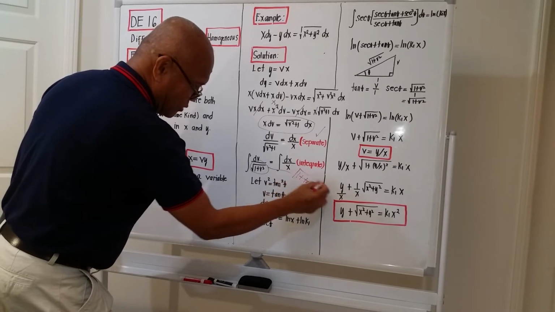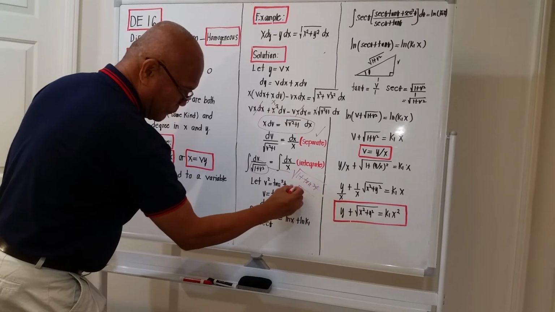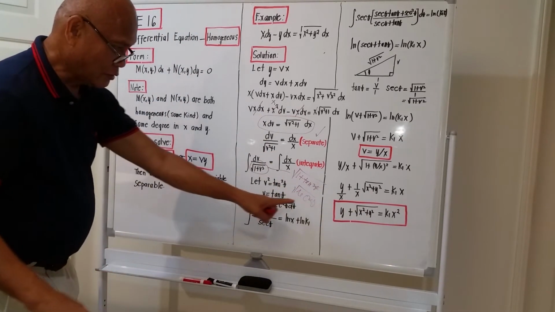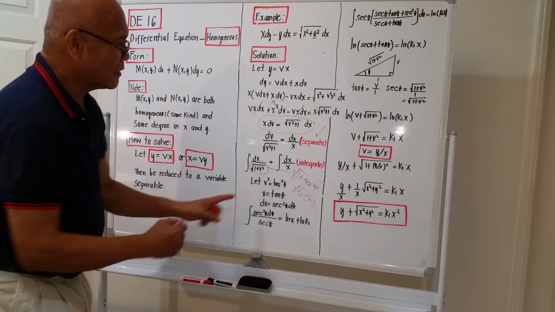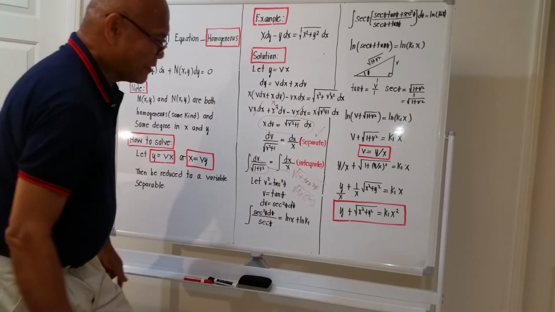The square root of 1 plus tangent squared is actually the square root of secant squared, which is simply secant of theta. Equal to the right hand side, natural logarithm of x, plus k1, okay?